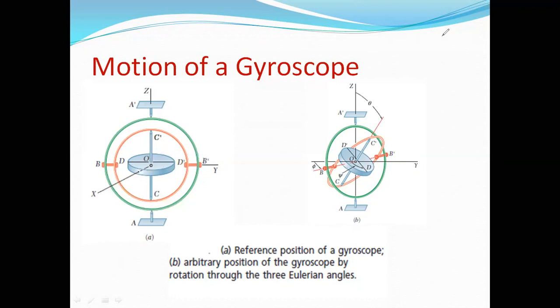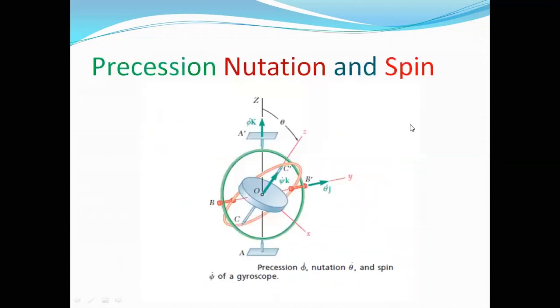Now we return back to our diagram. If we are asked to calculate the angular momentum of the disk, the angular momentum of the disk about point O is equal to I multiplied by omega. This is the general expression for it.